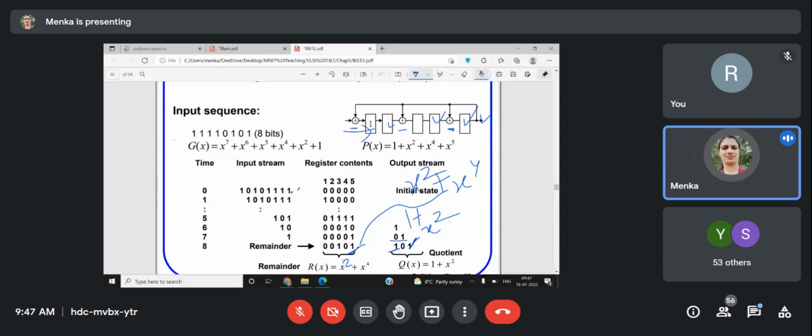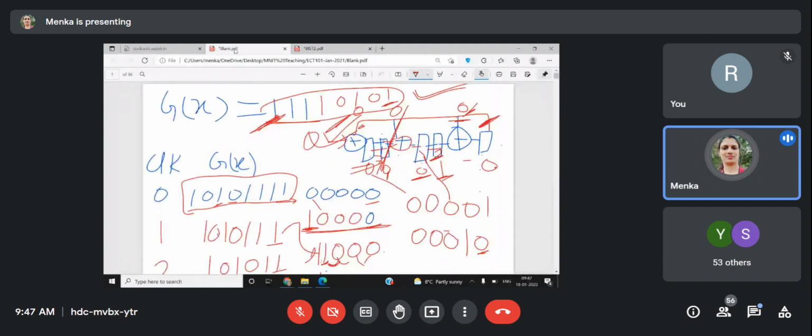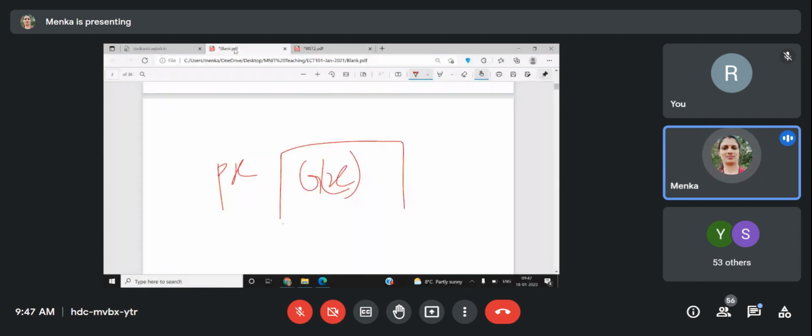So signature analysis, this is important, and we have learned this by two ways. First one is using the conventional shifting, and second one is using the mathematical expression. In the mathematical expression, we will just keep on dividing the gx with the px in order to get the quotient qx, and remainder will be rx.